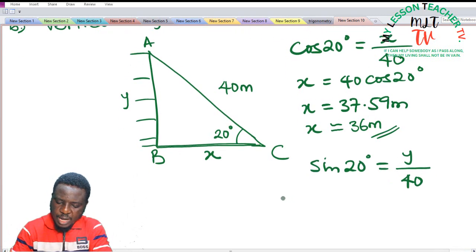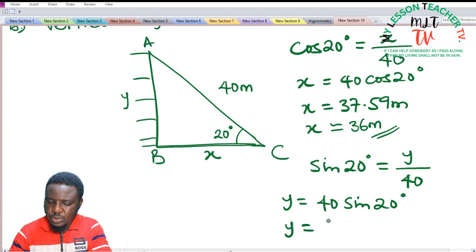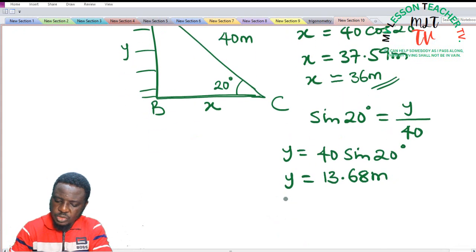And when you cross multiply, you have Y to be equal to 40 sine 20 degrees. And 40 sine 20 degrees is said to be equal to 13.68 meters. And if you approximate this to the nearest meters, it's said to be equal to 14 meters.